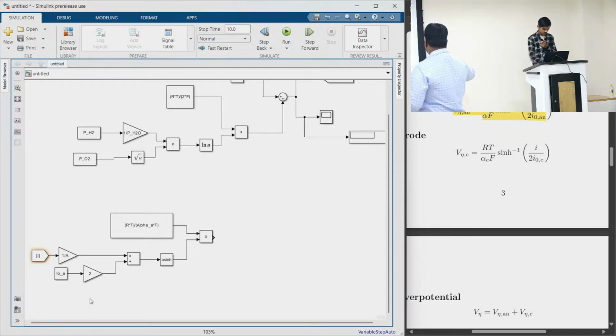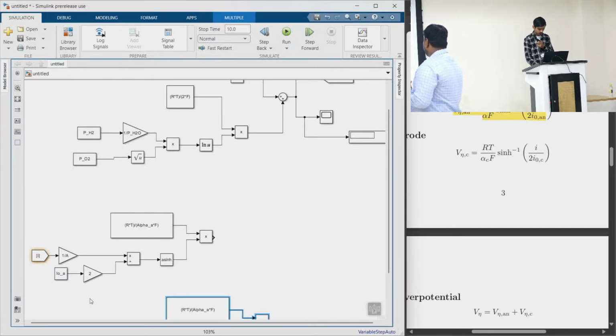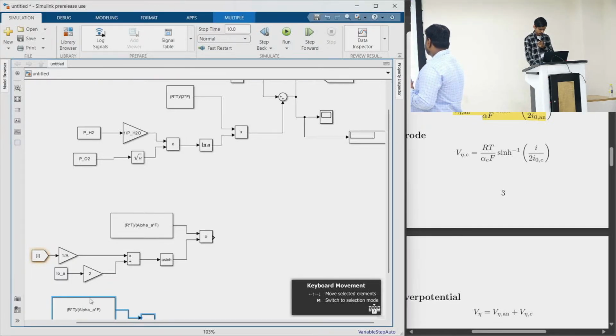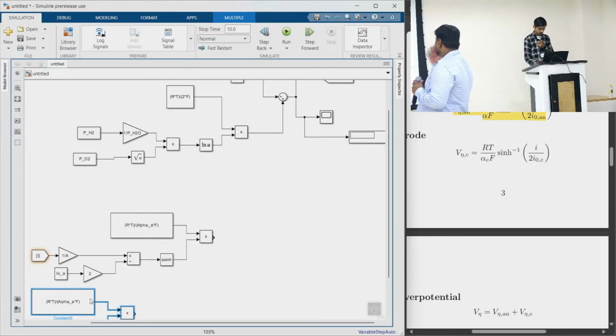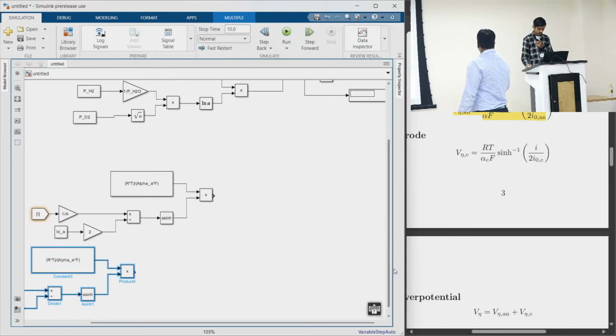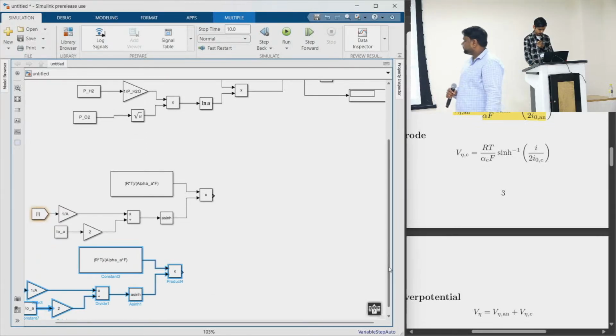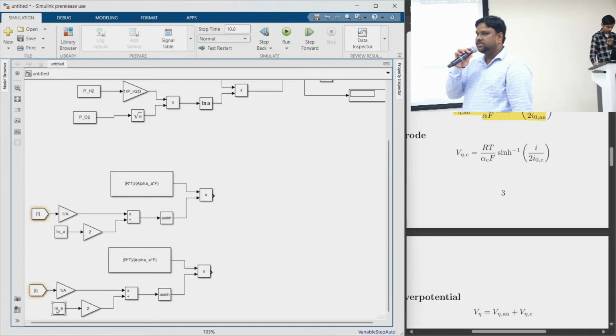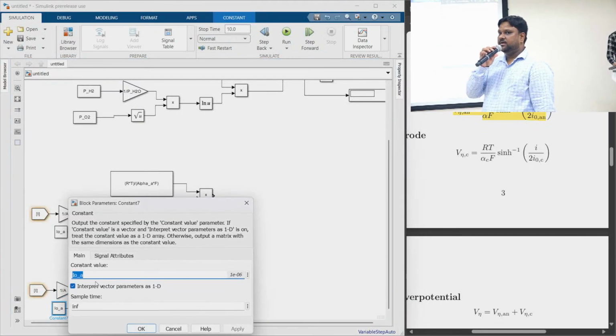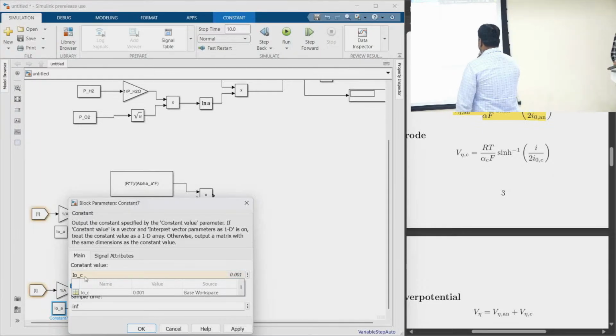Select and drag it, it will be bigger. So that is anode over potential and cathode over potential. Next we are building anode and cathode over potential together, and then we will add them to get the total activation over potential.